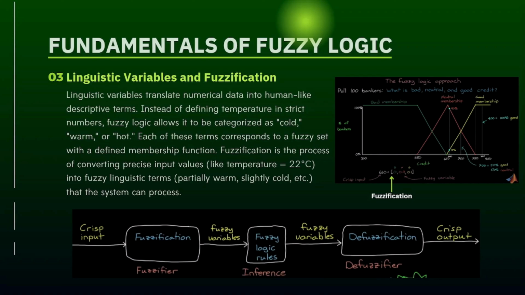Since it's fuzzy logic, we are not dealing with crisp values. Now, as you can see down there, these are the steps of the whole process called the fuzzy inference system. The fuzzy inference system takes a crisp value as input and gives you a crisp output.